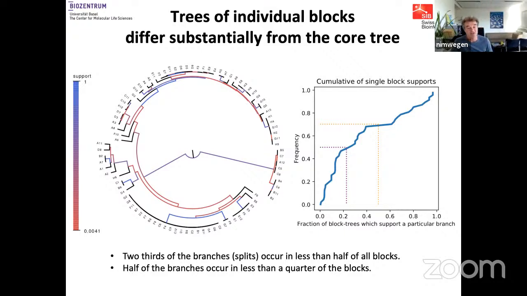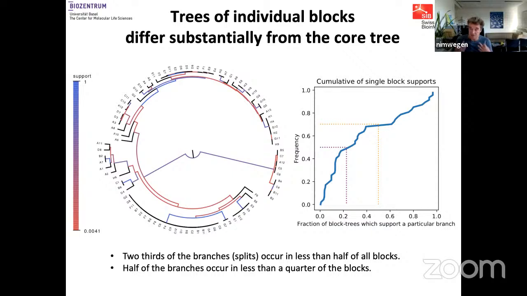And what I've colored in each branch is what fraction of the phylogenies from the 3 kb blocks contain that branch, okay? And so you see that actually 2/3 of the branches in this tree occur in less than half of the trees of the individual blocks, and half of the branches occur in less than 1/4 of the blocks, okay?